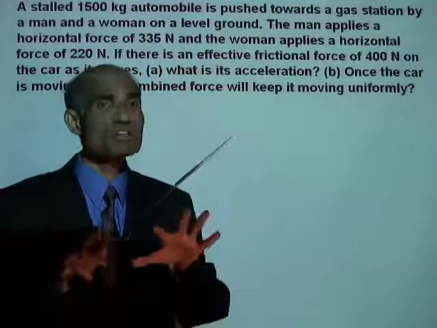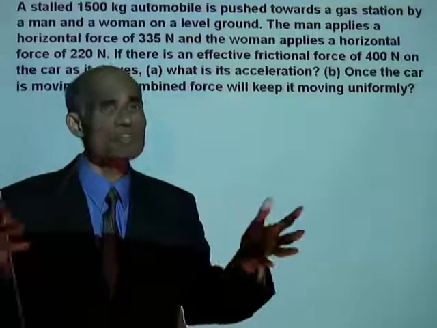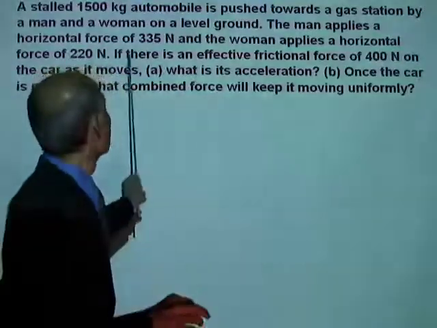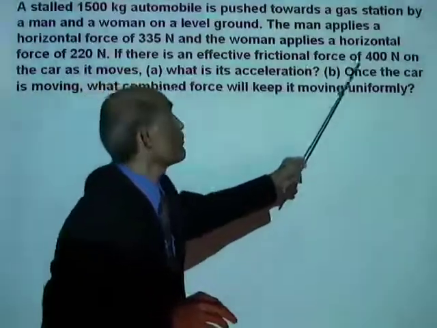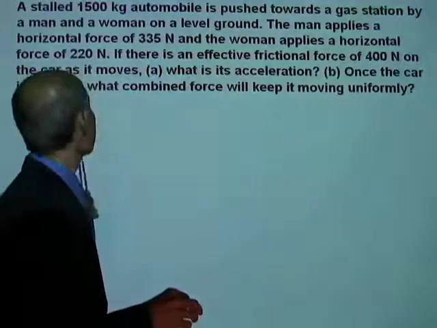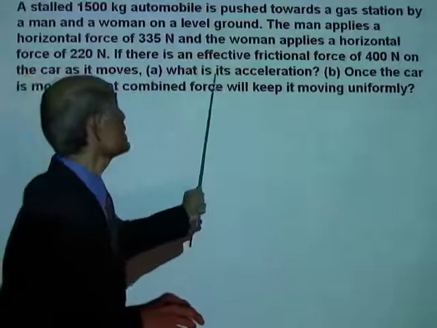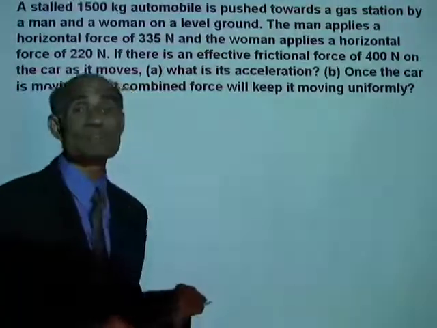There is no gender discrimination here. This just so happened. If there is an effective frictional force of 400 Newton on the car as it moves, what is its acceleration?